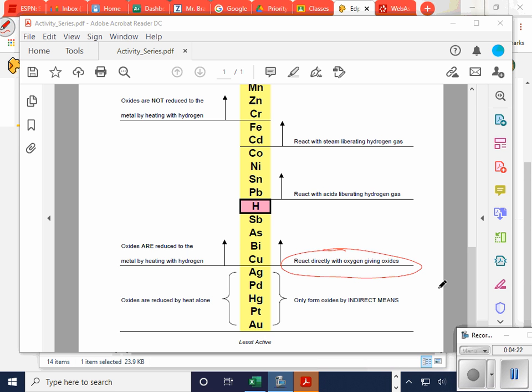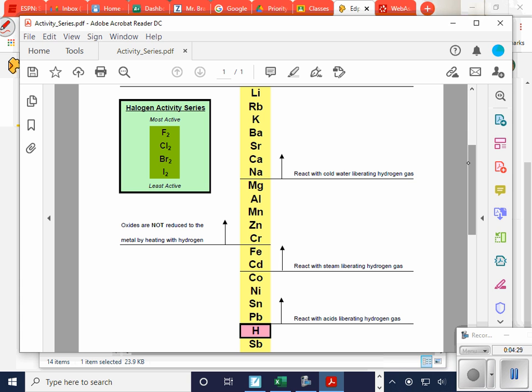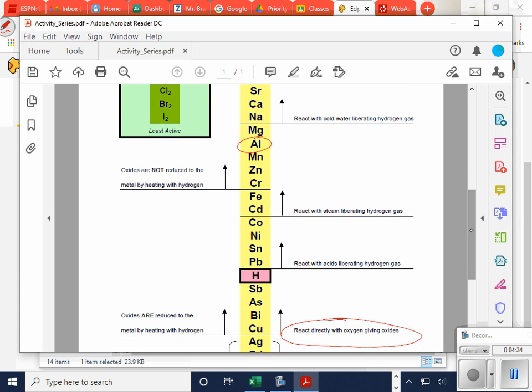Is aluminum above that line right there? Well, where is aluminum? Aluminum's all the way up here. So is aluminum above that line? Yes, it is. Therefore, this reaction will occur. If something were below that line, it would be an NR, no reaction. But in this particular case, yes, it is above that line.